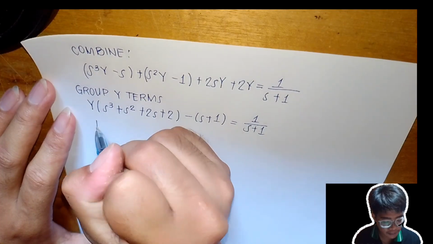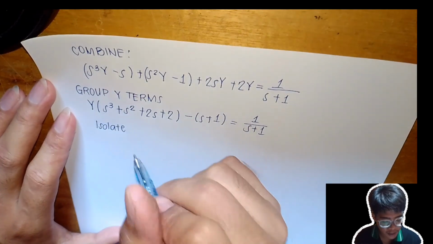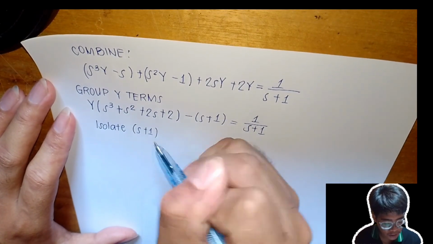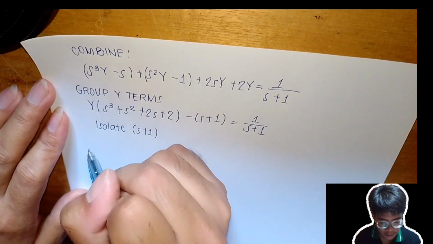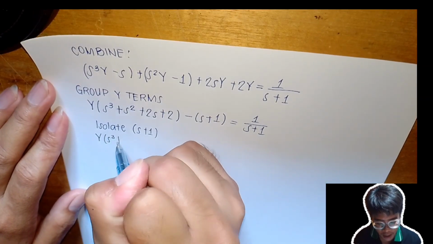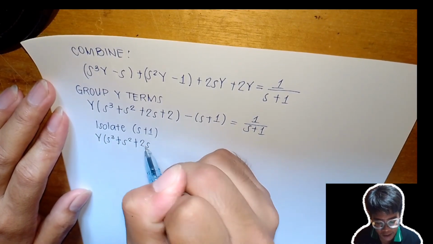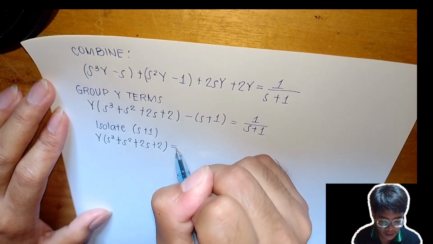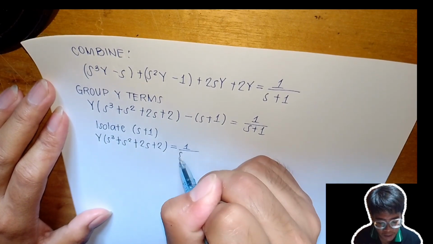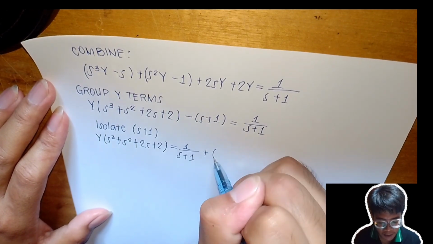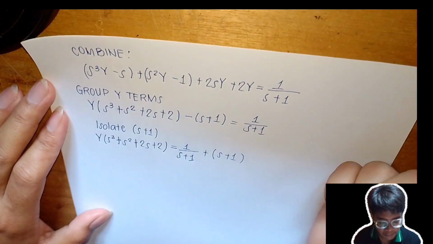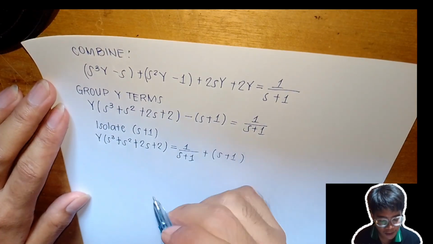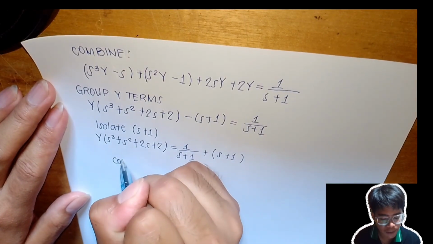And then, move the s plus 1 to the right side of the equation. Y times s cubed plus s squared plus 2s plus 2 is equal to 1 over s plus 1 plus s plus 1. And then, combine.